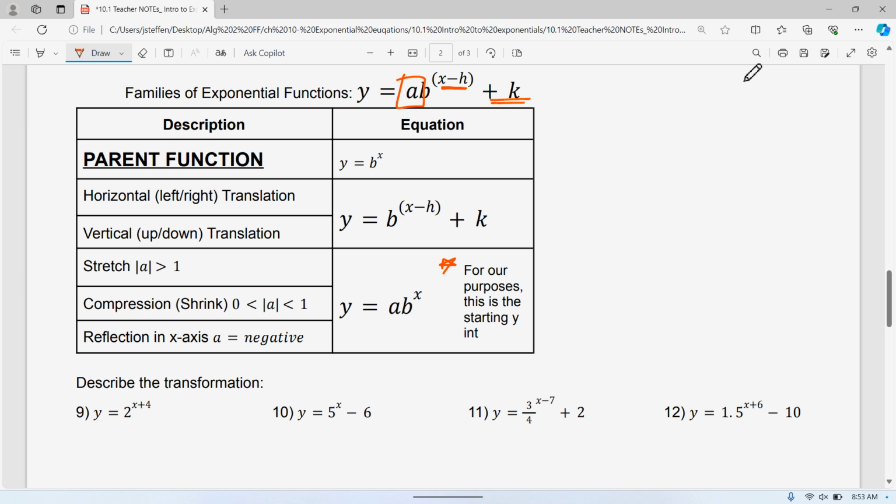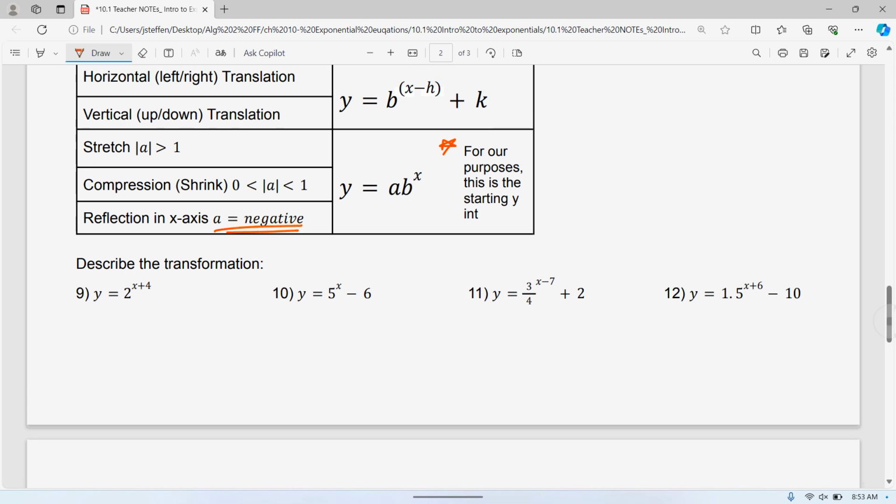And like I said, the graphing part, we're just going to keep that as our starting point for our y-intercept. Only other thing, and we don't do this very often, but if your A is negative, that actually means it's reflected. So that's what we talked about earlier, where if you do end up with a negative number in front, it's just a reflection across the x-axis.